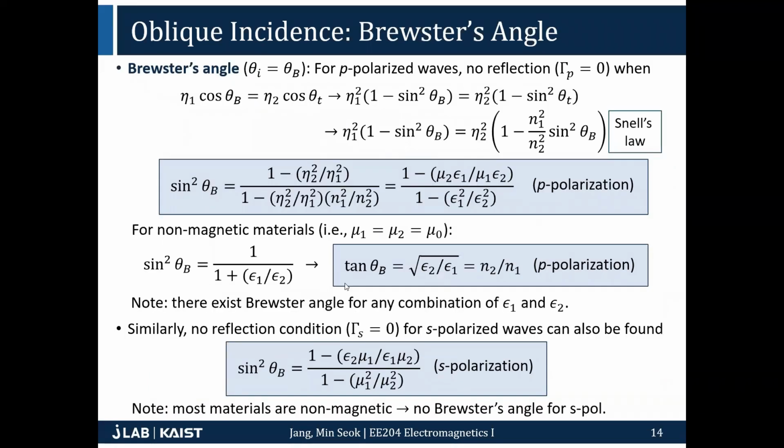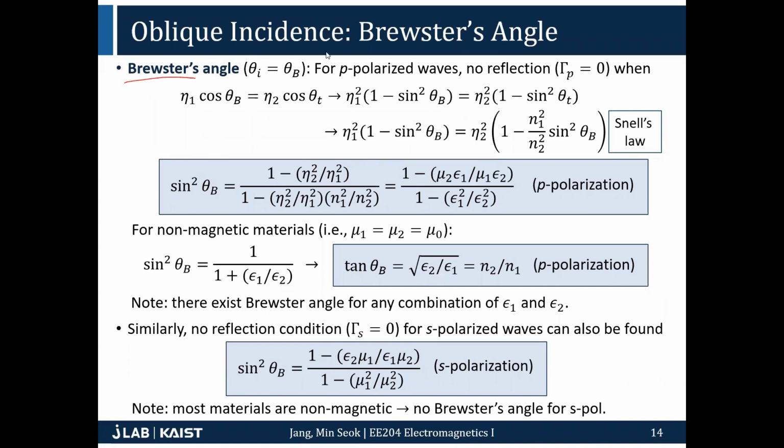And then what I want to talk about is some of the special angles. In this problem, for the P polarized waves, we have a special angle called Brewster's angle.